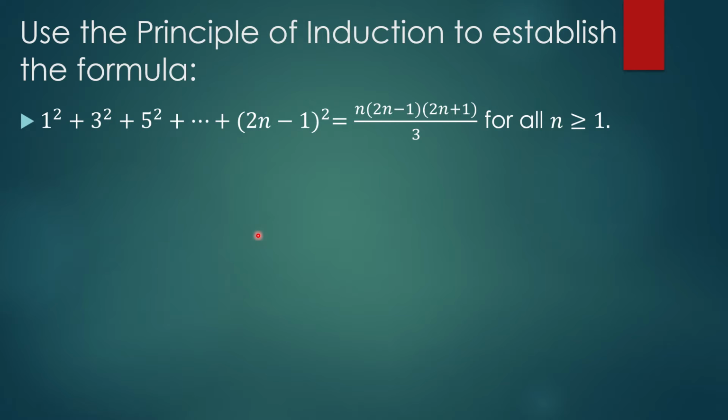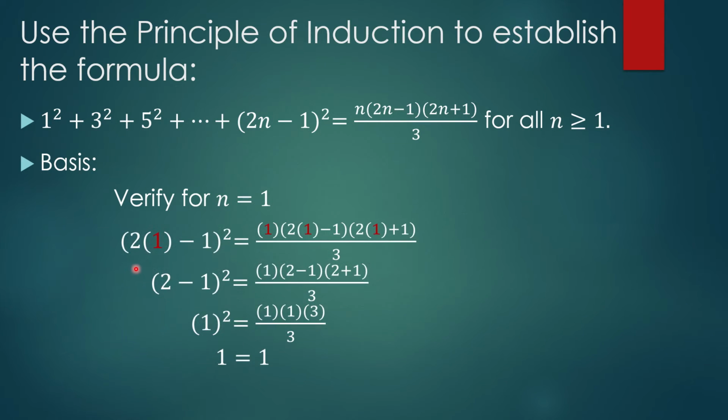By using the principle of induction to establish the formula, we first verify for n equal to 1. From this form of equation, by substitution, we have the quantity of 2 times 1 minus 1 squared is equal to 1 times the quantity of 2 times 1 minus 1 times the quantity of 2 times 1 plus 1 all over 3.